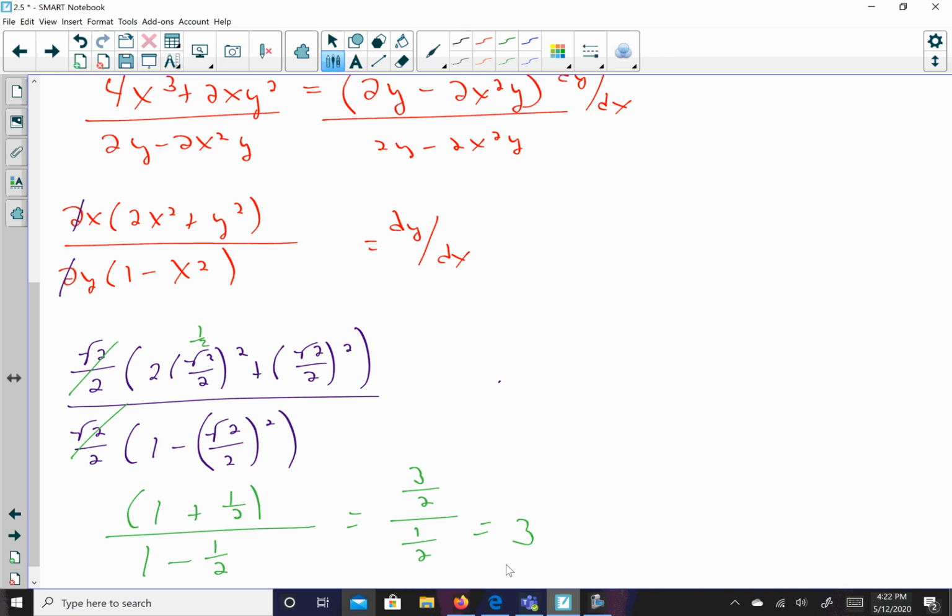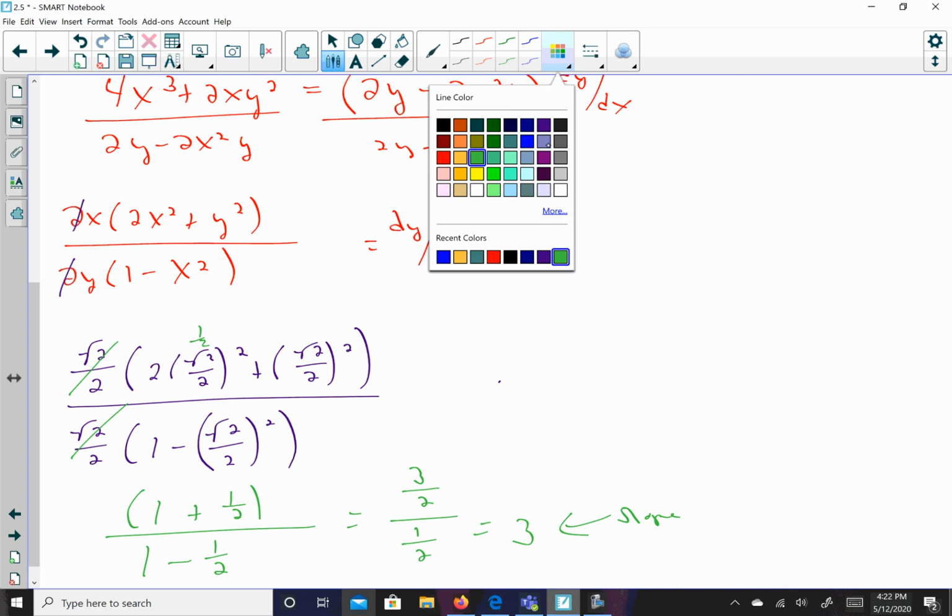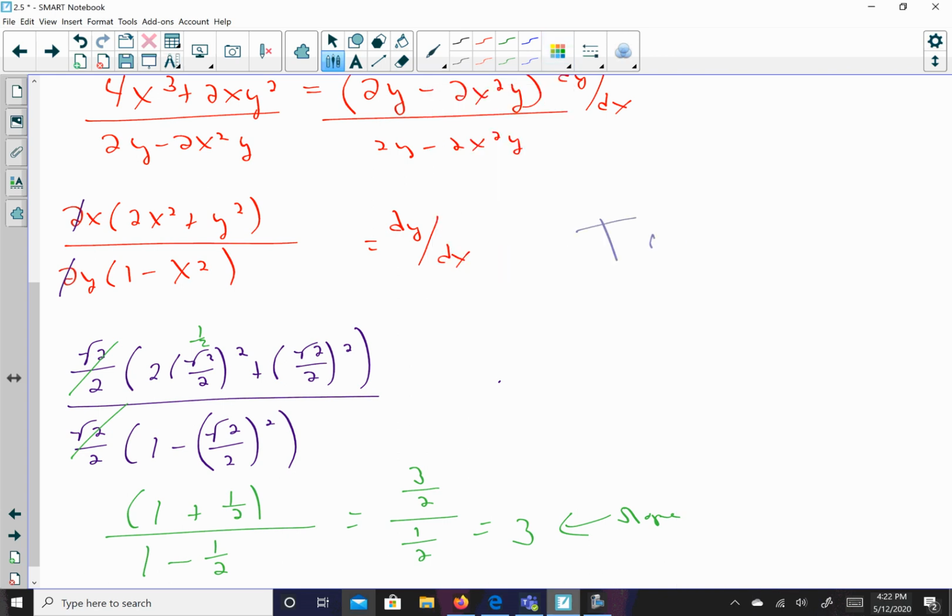So to find the tangent line, my slope is 3, and my point was square root of 2 over 2, square root of 2 over 2. Point-slope form, so here's my tangent line. y minus the square root of 2 over 2 is equal to my slope, which is 3, times x minus the square root of 2 over 2.